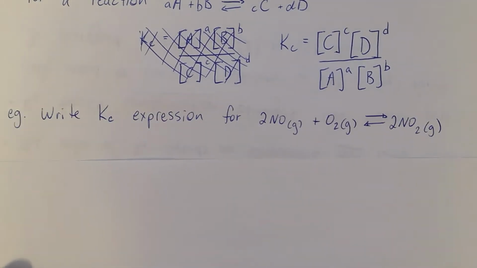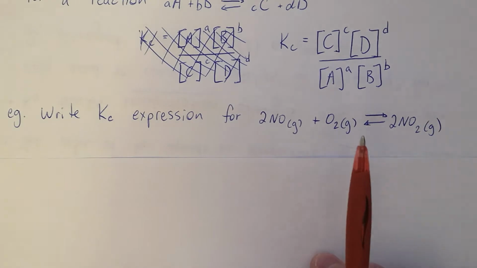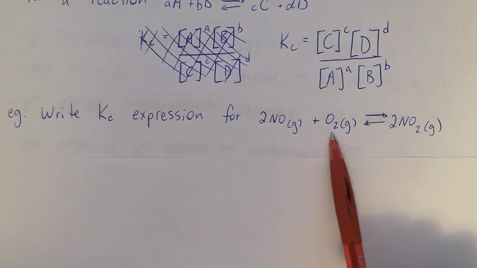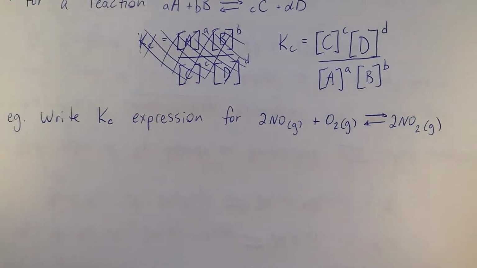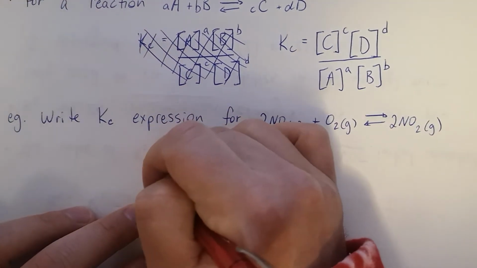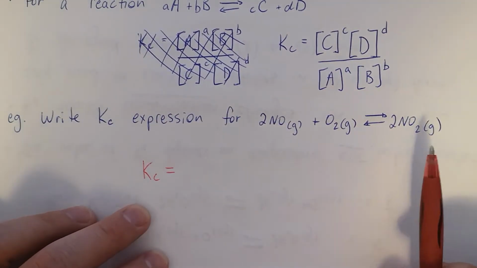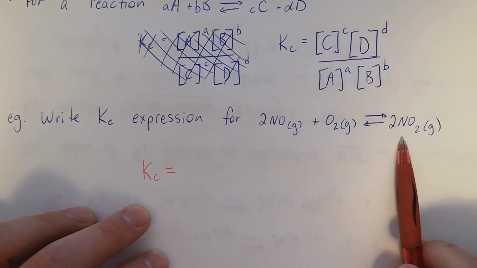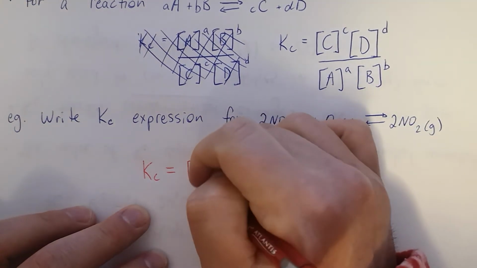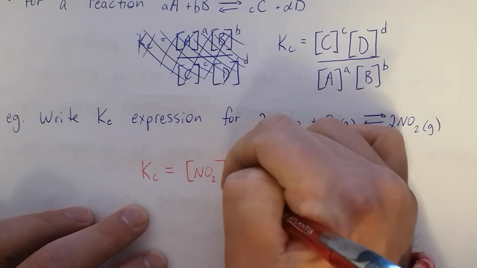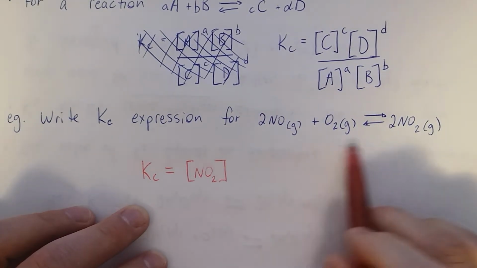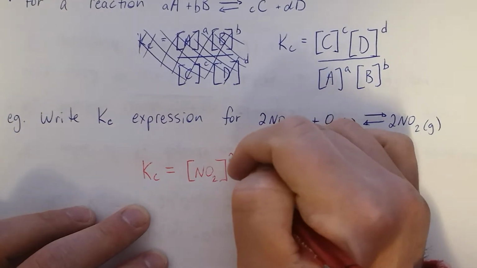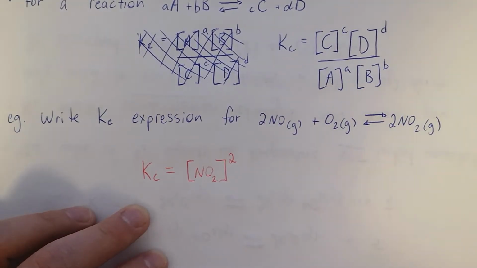I want us to write the Kc expression for nitrogen monoxide combusting to form nitrogen dioxide. I'll show you how simple it is. Just remember to start with the products. It's the concentration of NO2. Remember, that's what square brackets are. The exponent is the coefficient in the reaction.